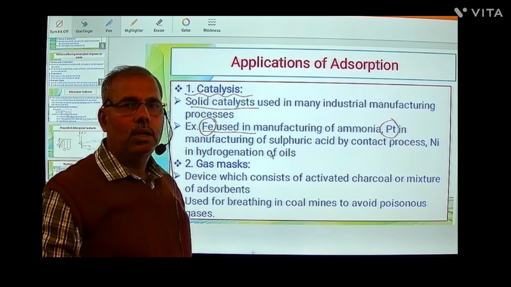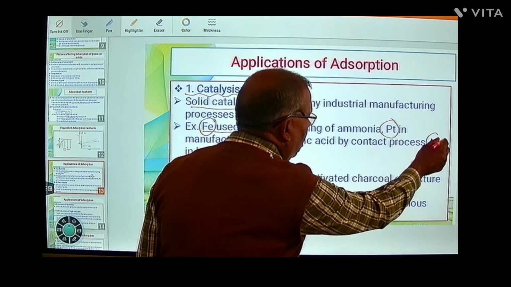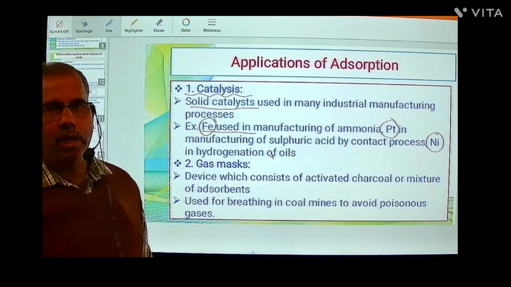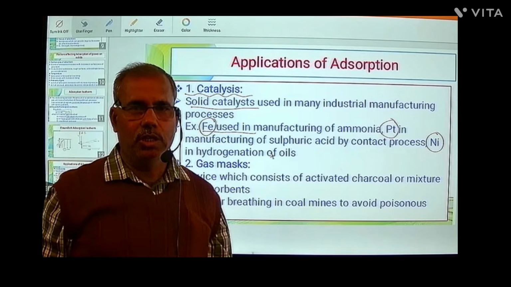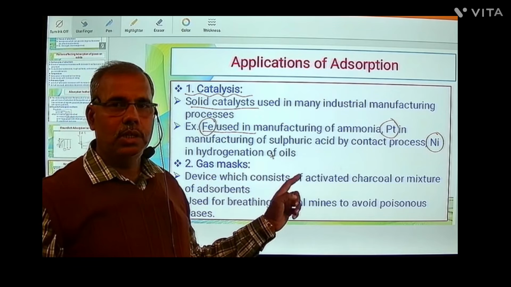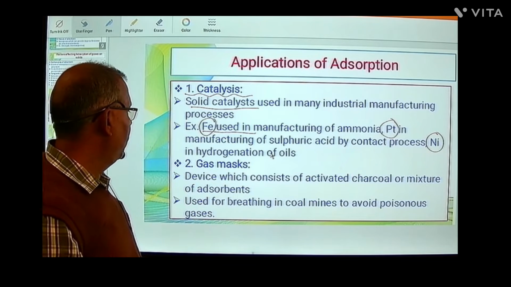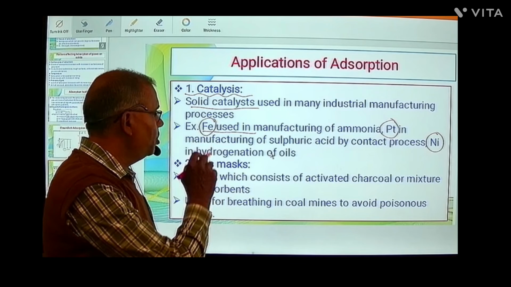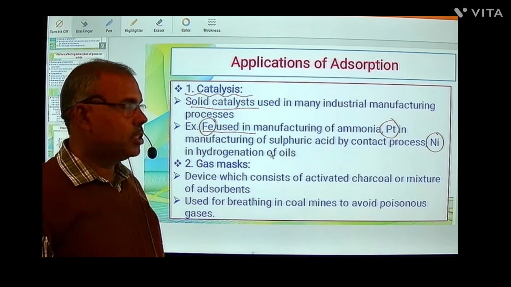Then nickel, Raney nickel, is used in catalytic hydrogenation, particularly in industry, the hydrogenation of oils to fats. This process involves catalysis by a metal like nickel. So these are a few examples of solid catalysts which are used in industries.